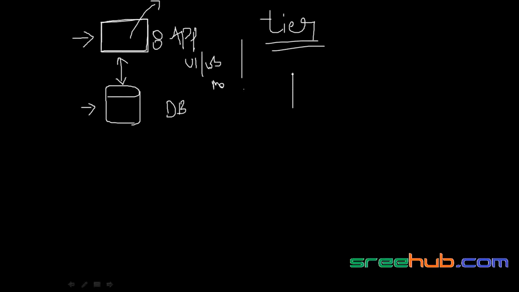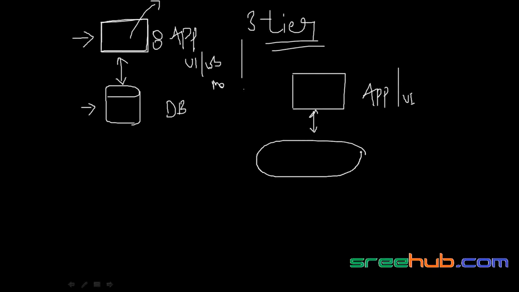So here we have a three-tier application. Let's say you have your application, or normally it's a user interface, which is communicating with, let's say, some middle layer, and let's say the middle layer is communicating with one more tier called the database.